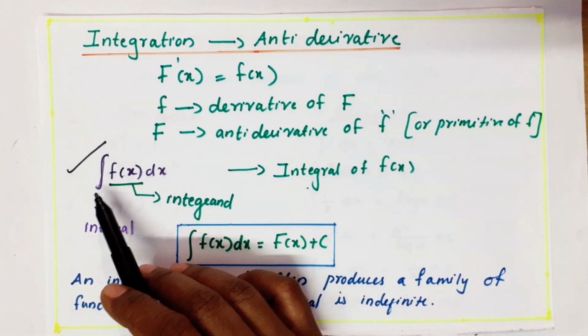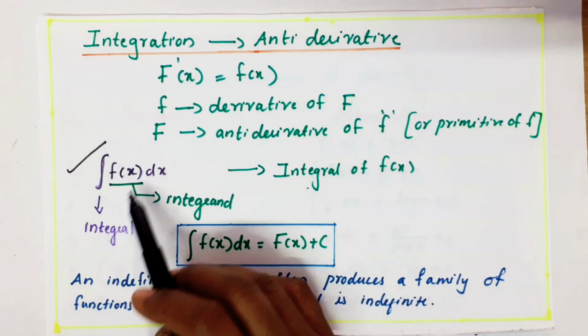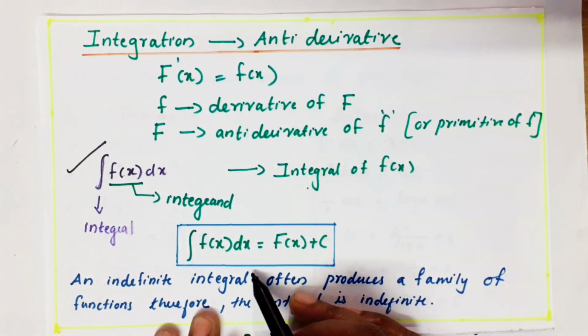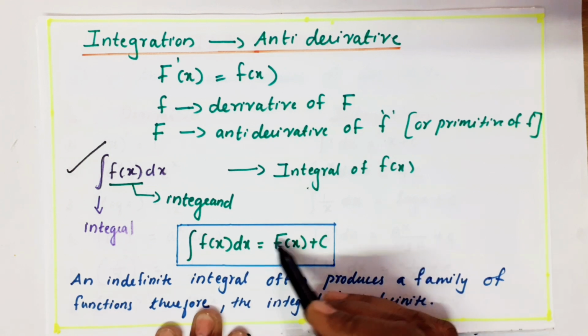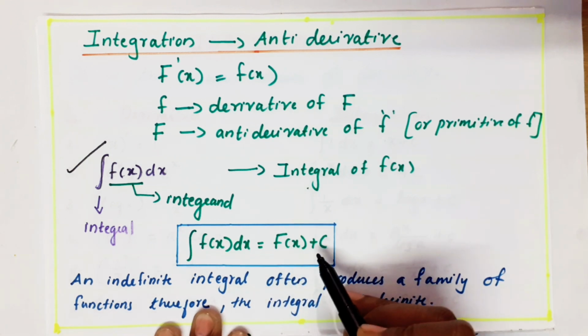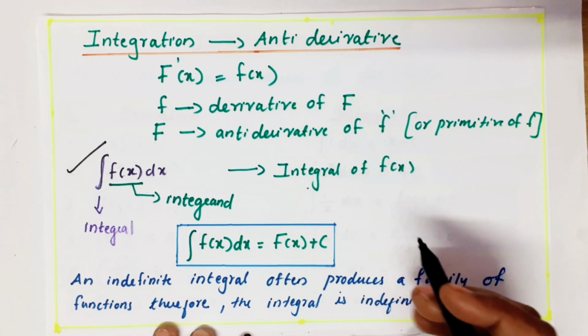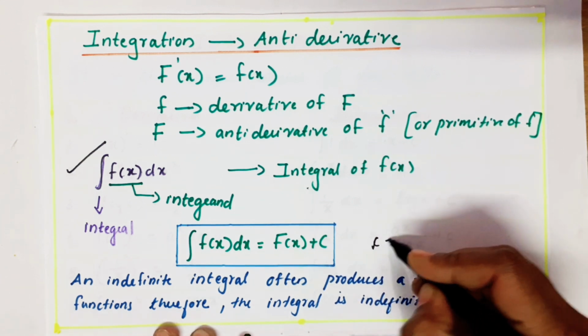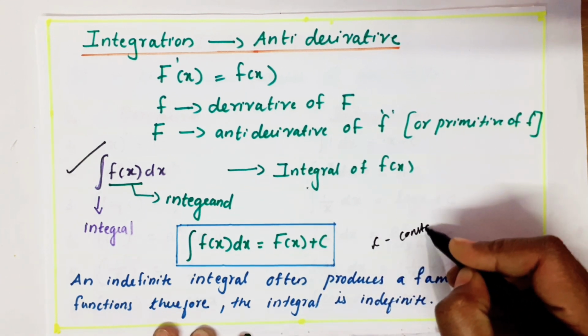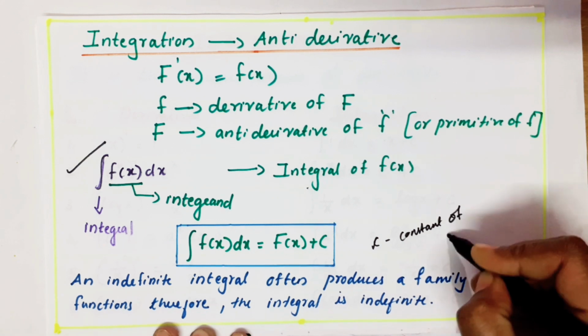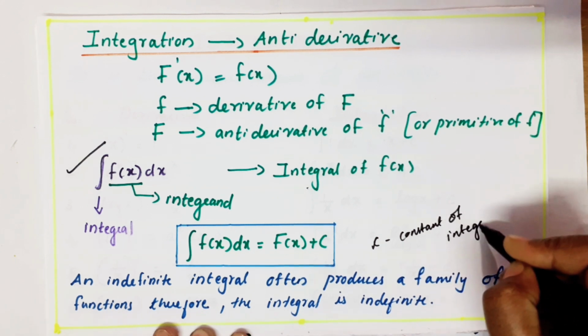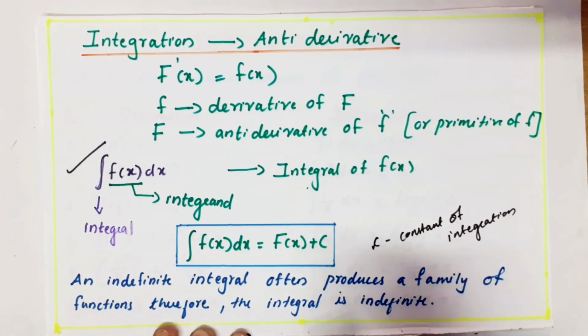Now, when you integrate integral of f of x dx, we get F of x plus c. C is nothing but the constant of integration. So how to write the general form? Integral of f of x dx is F of x plus a constant c.